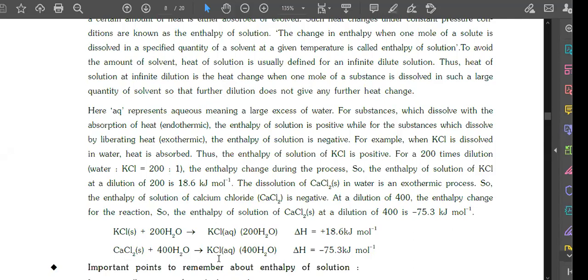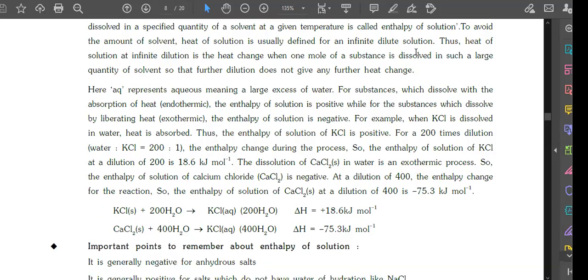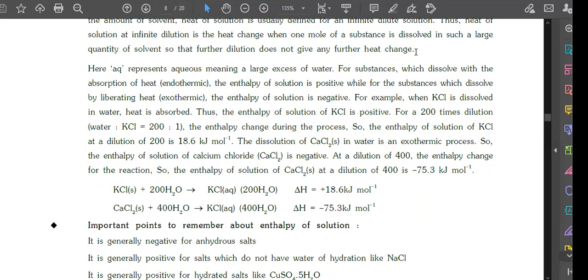So when you talk about any ionic compound dissolving in water, either it will release energy or it will require energy. Now, we have studied in chemical bonding that this process is actually of 2 steps. Suppose I'm talking about NaCl.